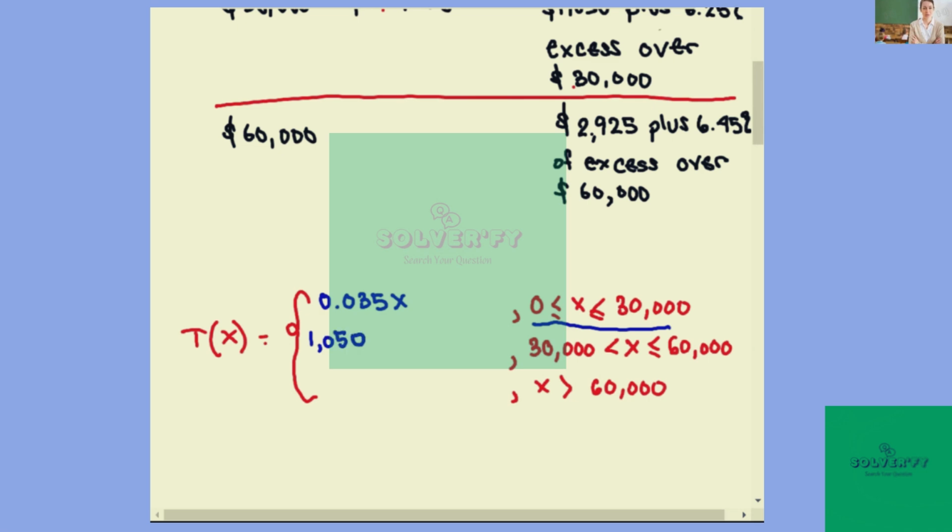Then whatever is above 30,000, they need to pay 6.25% of that.